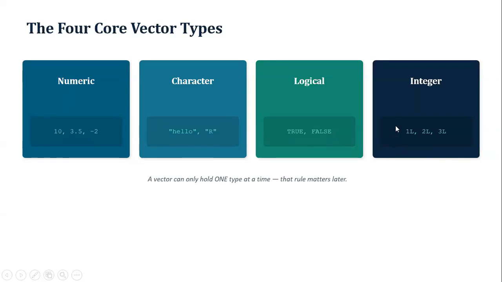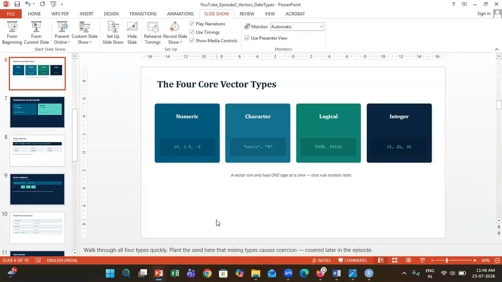And integer, whole numbers written with L, like 1L, 2L, 3L. Remember this rule because it matters in about 2 minutes: a vector can only hold one type at a time. Now, I'm switching to RStudio and demonstrating it directly.